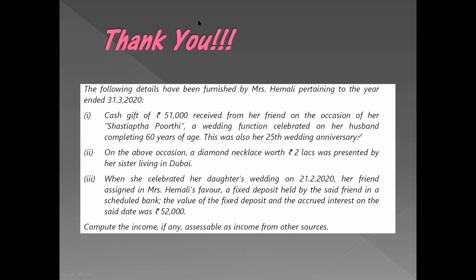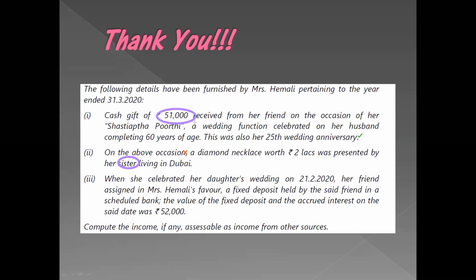In the next question, on the same occasion, it is not exempt. As of now, any income earned is not exempt. A diamond necklace worth 2 lakh was presented by her sister, so it is from a relative. Any amount received from a relative is not taxable. So in this case, it is not taxable.